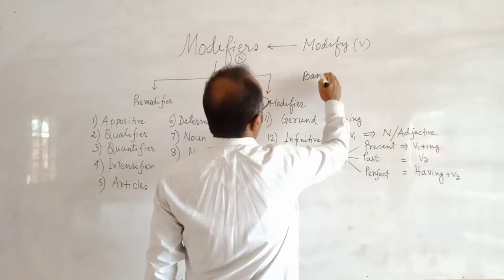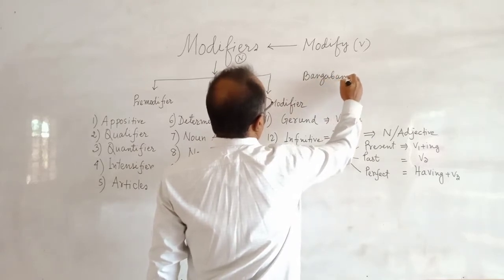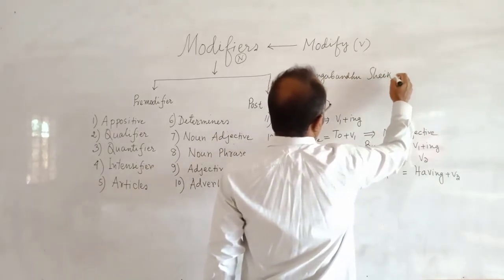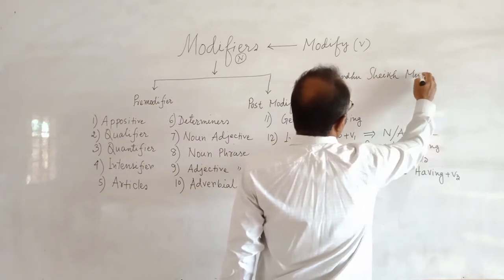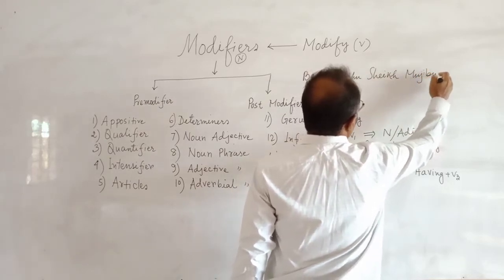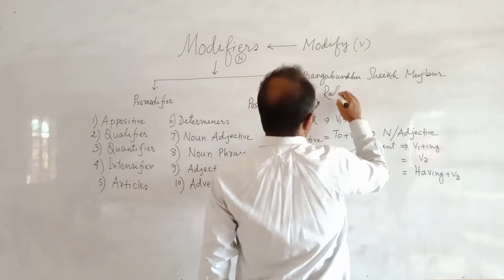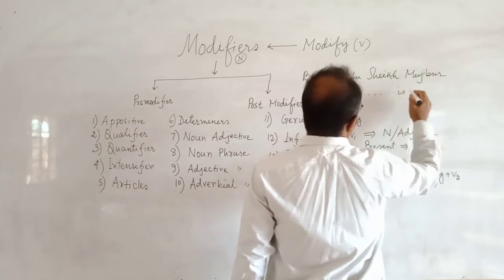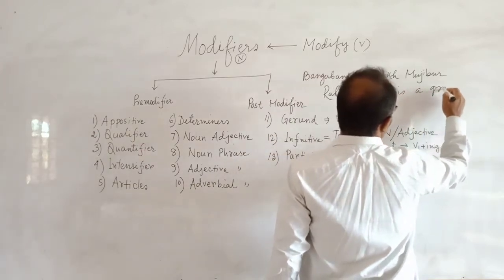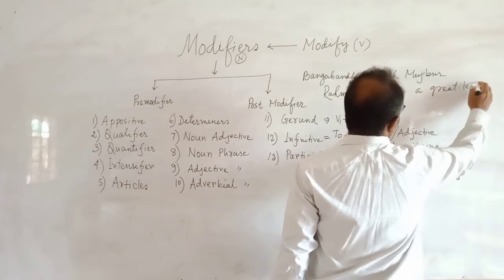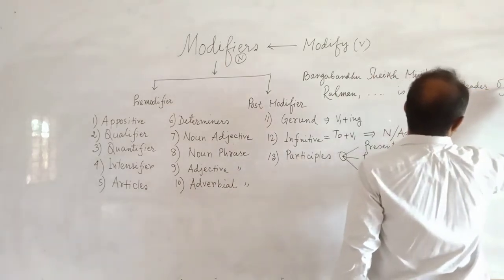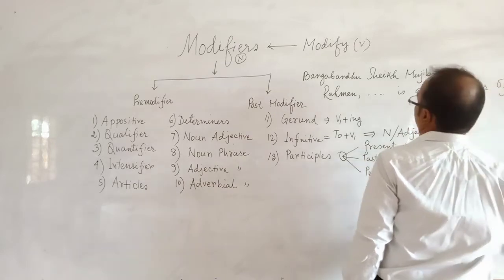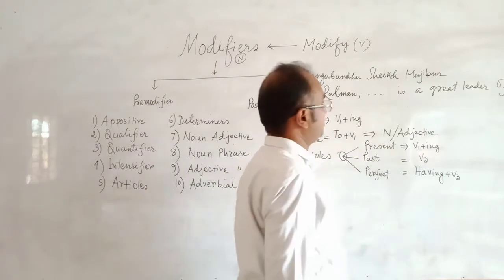Bangabandhu Sheikh Mujibur Rahman, comma, is a great leader of... Here we observe that there is a space.